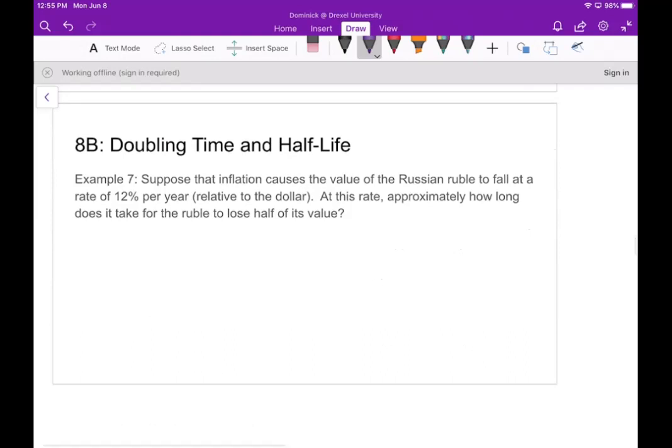Okay, so in example 7, we're going to suppose that the inflation causes the value of the Russian ruble to fall at a rate of 12% per year. At this rate, how long does it take for the ruble to lose half of its value? Okay, so we're going to have that T half is approximately equal to 70 divided by 12.